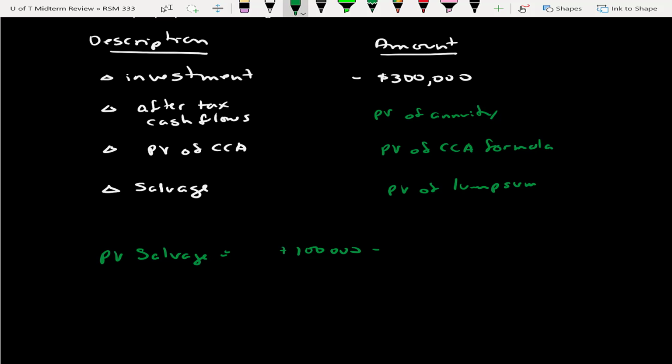So just like we adjusted the cost, we will adjust the salvage value by $15,000 and divide it by 1 plus the discount rate, 1.15, to the number of years, which is 8. So we get a total value of $27,787. The present value of the change in salvage is going to be positive $27,787.